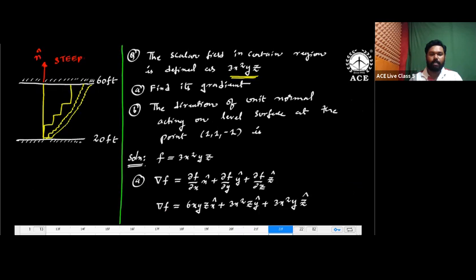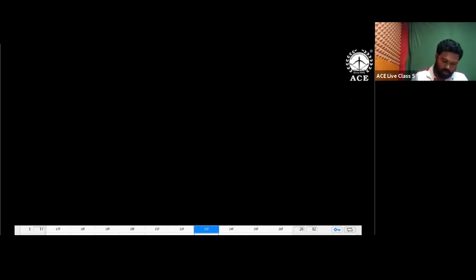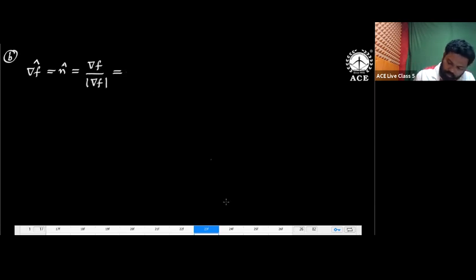I'm going to turn the page here. What is the gradient direction? Normal direction. Vector by its magnitude. What is the vector? At what point? 1 comma 1 comma minus 1.